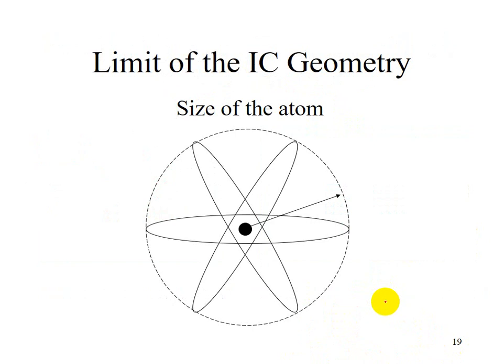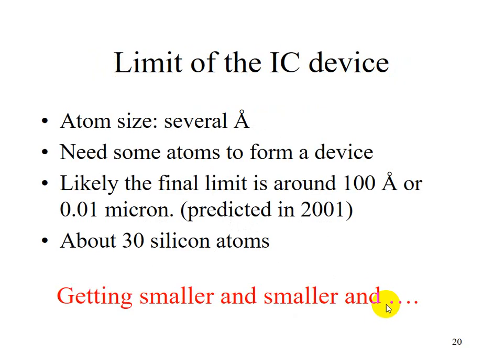So once we go to the smallest feature size, what is the limit of the feature size? All the features are composed of atoms. The atomic size is about 2.5 angstrom, that would be about 0.25 nanometer.